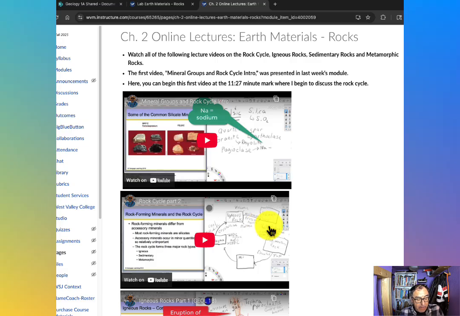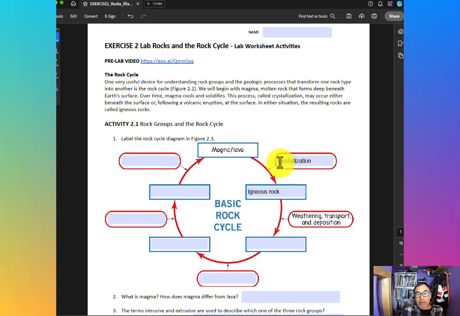You'll see that on this diagram, they're going to want you to also fill out these bubbles here, which are processes. So in order to go from magma to an igneous rock, the magma has to cool and solidify, has to crystallize, right? And they talk about that up in here. And in order to go from igneous rock to a loose material, you have to weather it and break it apart, so that's a weathering and transportation aspect here, then you'd get sediment, loose material.